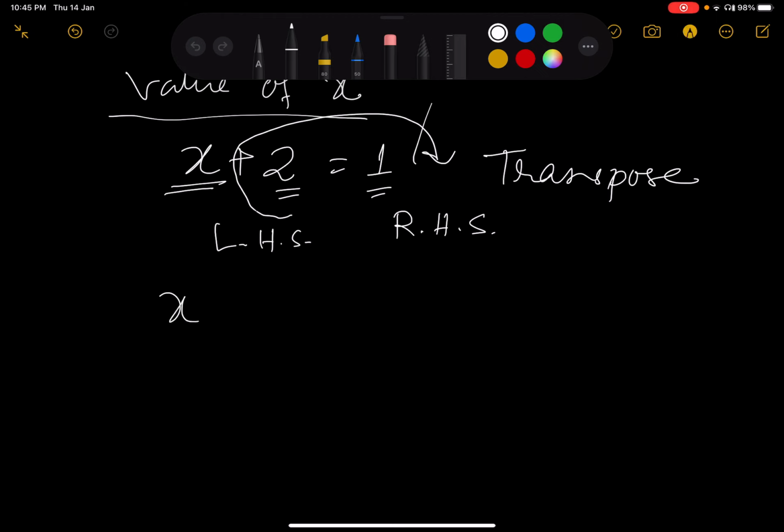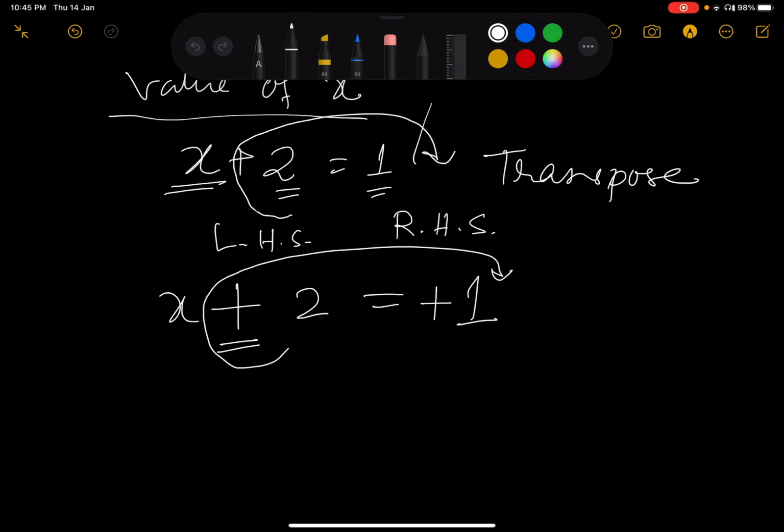Here, in x plus 2, the sign is plus, and 1 has no sign, which means it is also plus. Now you transpose this plus 2 to this side, so you will have to write x is equal to plus 1 minus 2.